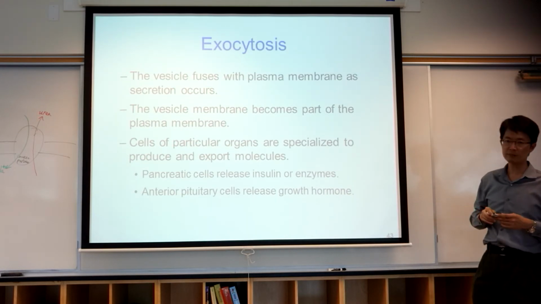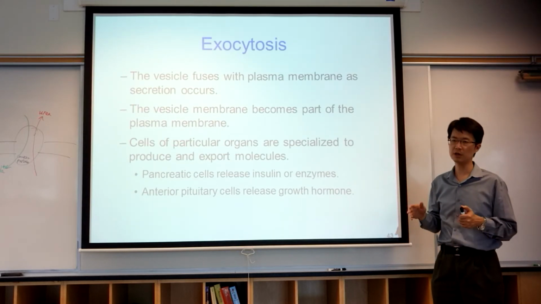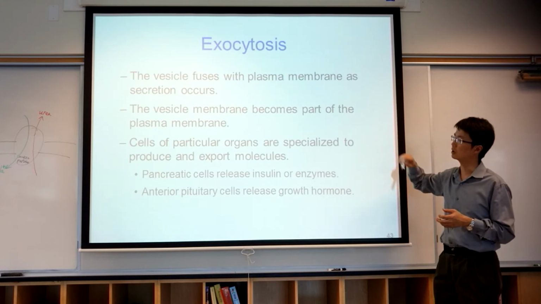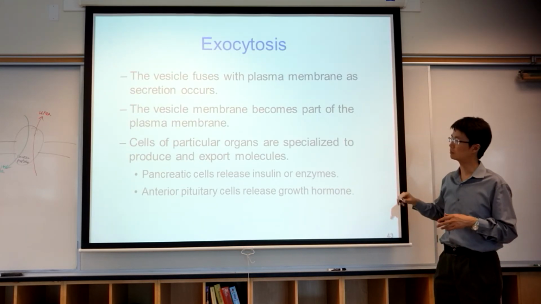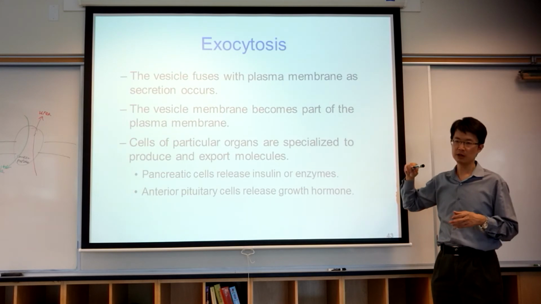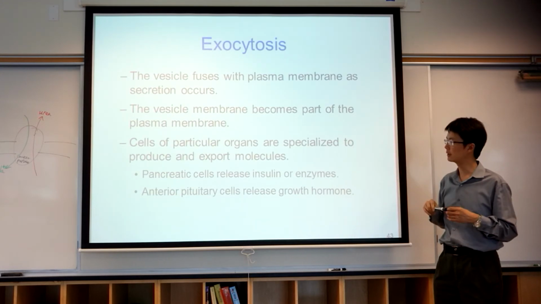When the vesicle comes out from the Golgi apparatus, if it passes quality control, it can fuse with the cell membrane and secretion occurs to release the final product to the outside. And the vesicle, after it fuses with the cell membrane, will be integrated into the cell membrane and become part of it.